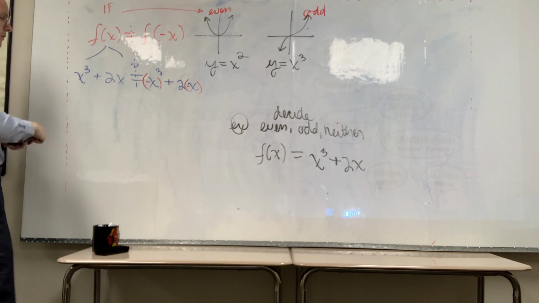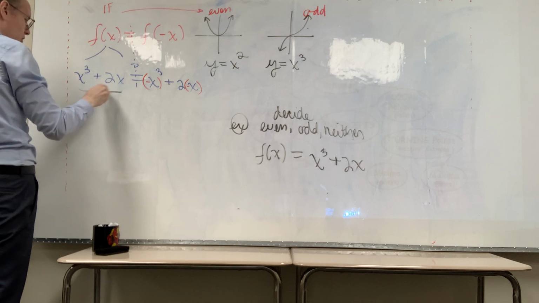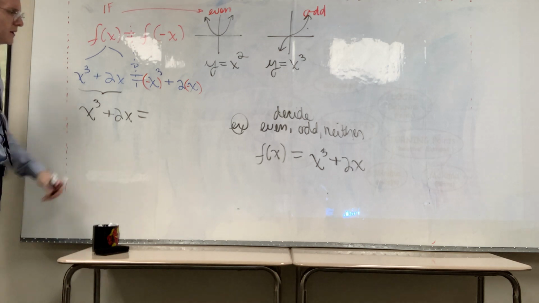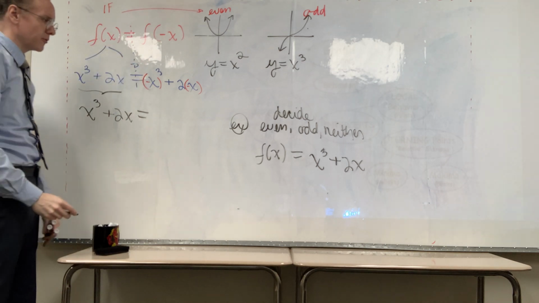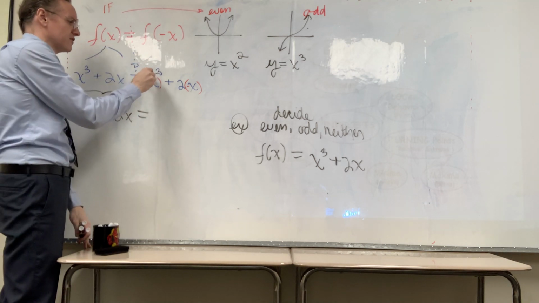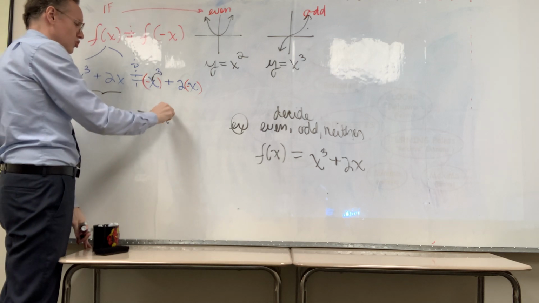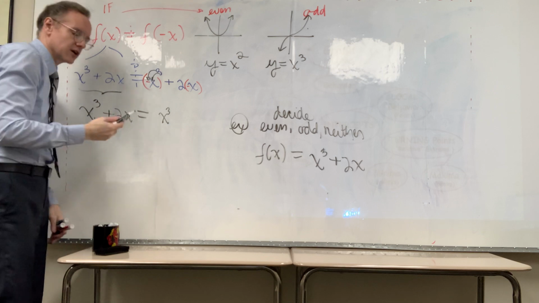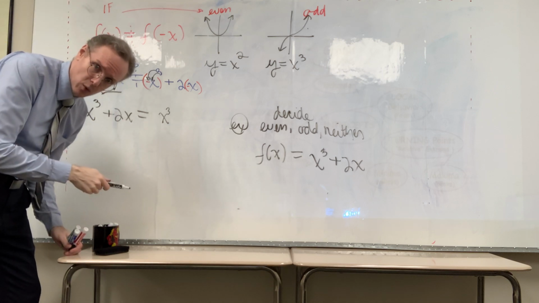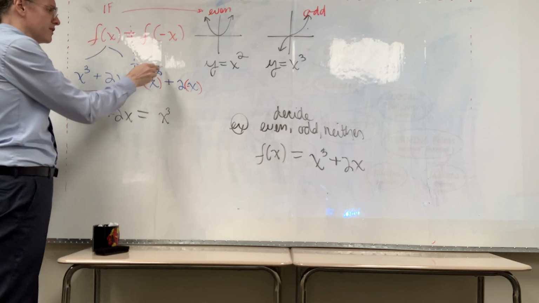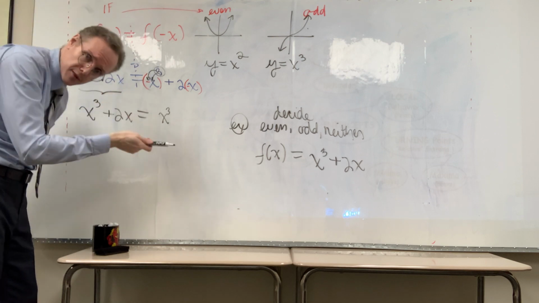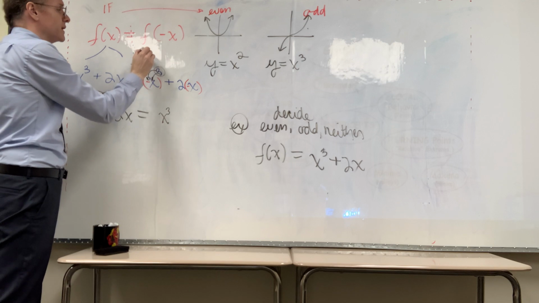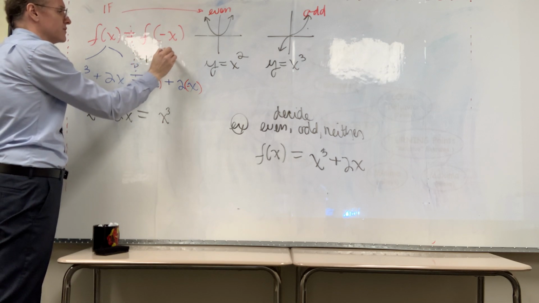For right now, I'm stuck with these two terms. There's nothing I can really do with them, so I'm just going to leave them there. But for this, I'm going to try to straighten it out. The x is not going to change. It's still going to be x cubed, but the 3 will also affect the coefficient that is technically a -1. If we think about the arithmetic involved, -1 cubed would be -1 times -1 times -1.